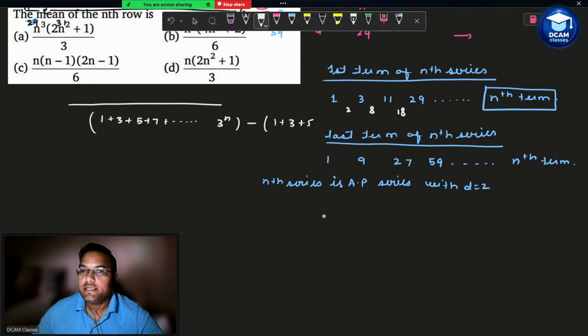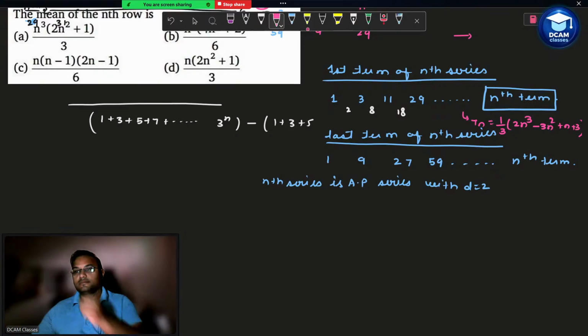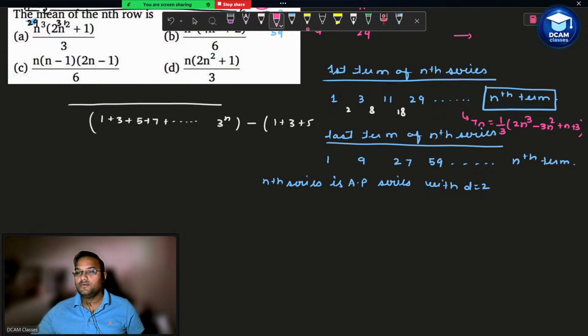They are saying the nth term is 1 by 3 into 2n cube minus 3n square plus n plus 3. But that's what I'm not able to understand. How, with this series, how we will find out the nth term? Just like that, how can we write like this?